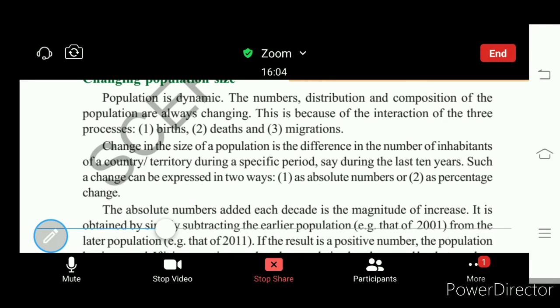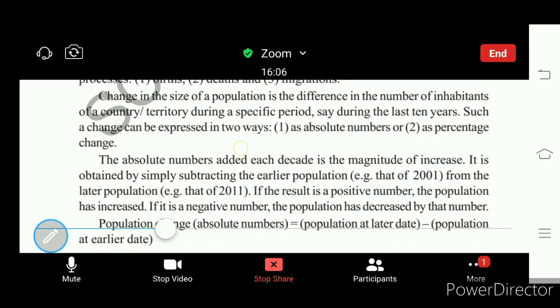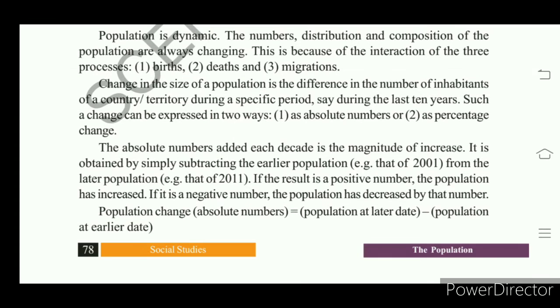This is one method. If the result is a positive number, in the sense it is a greater number, for example if from 121 you subtract 1 or 2, you will get a positive number, then we say that the population increased.